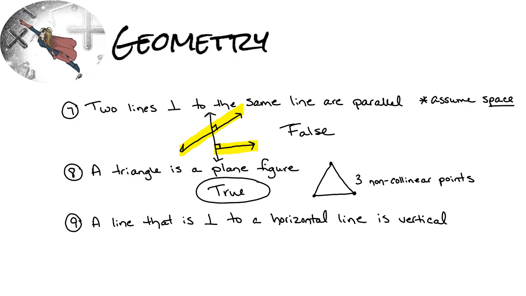Now number 9, a line that is perpendicular to a horizontal line is vertical. Well, you know what, on a flat piece of paper, that's true. Horizontal, vertical, perpendicular. But remember, we're assuming in space. So if I have a horizontal line in space, what if I draw a line perpendicular to that that's coming kind of like from the background?